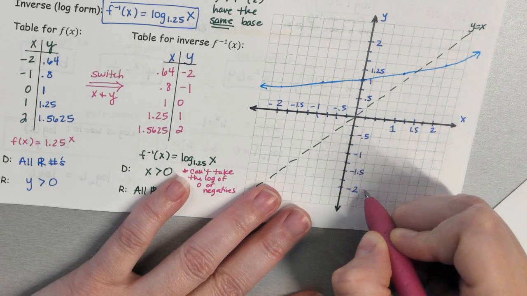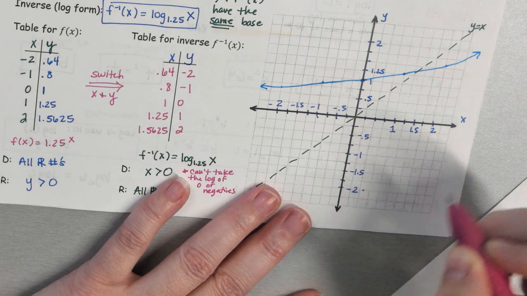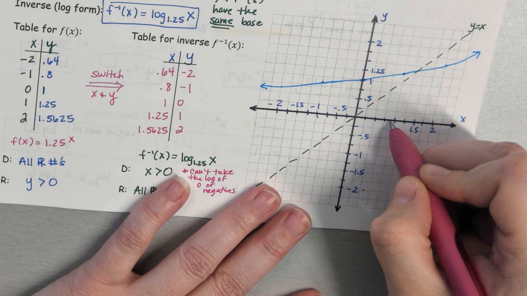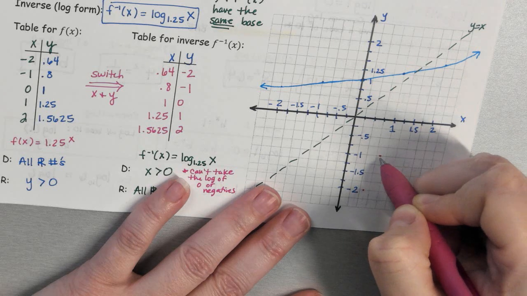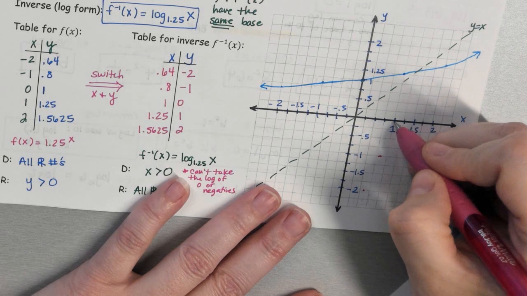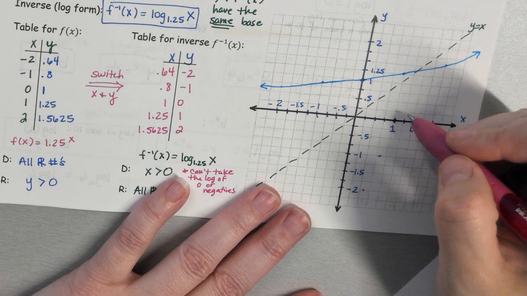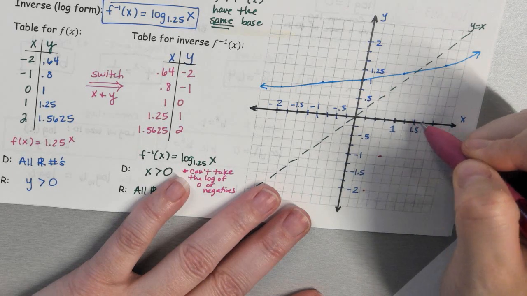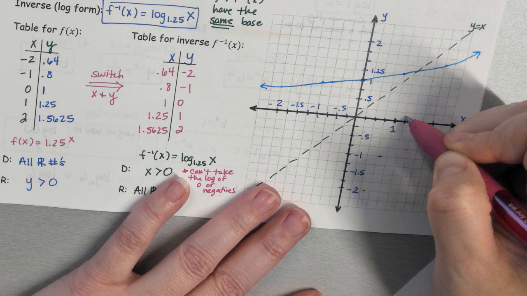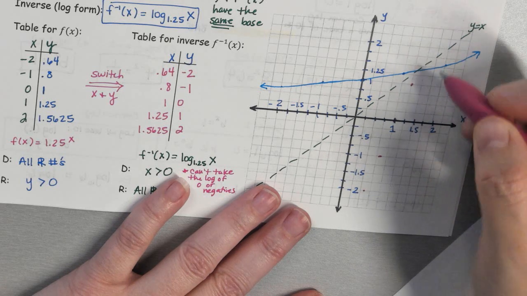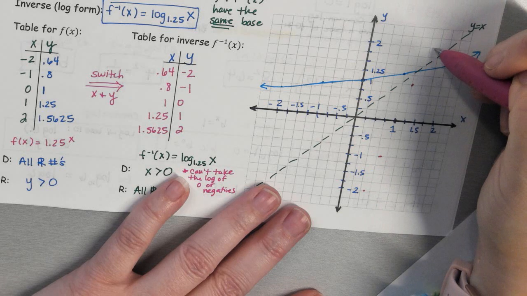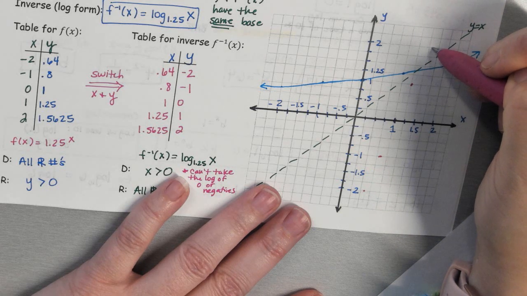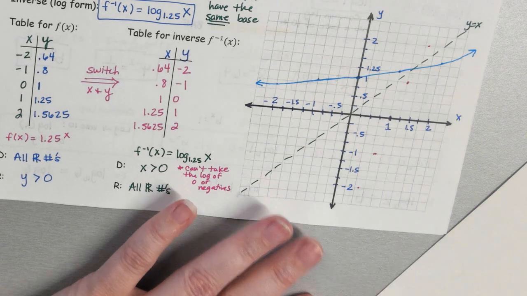Okay, and then this one is 0.64, -2, 0.8, -1, 1, 0, 1.25, 1, and then 1.56, -2.